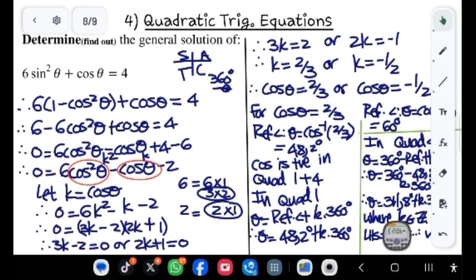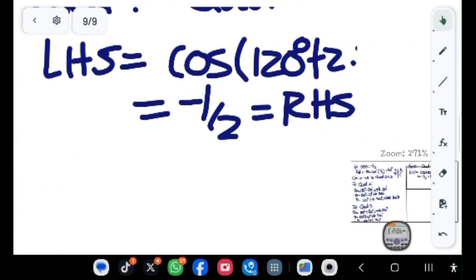So our final solution will be all of this.